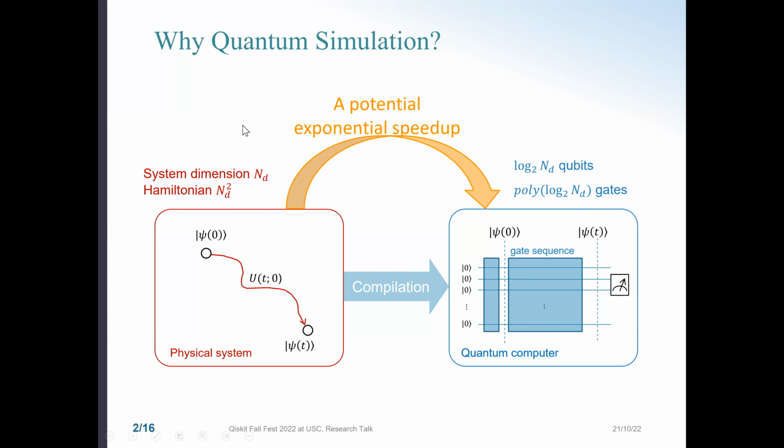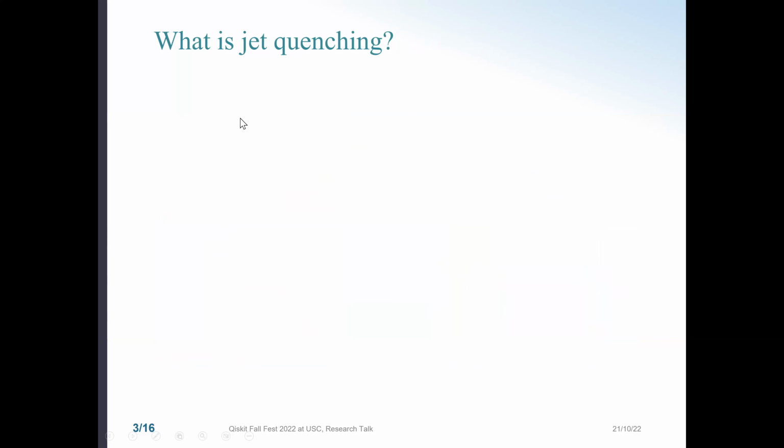Okay, so now this is quantum simulation. And what is jet quenching? Because I'm going to talk about the quantum simulation of jet quenching. You may not have heard of jet quenching before, but you might know what a jet is. The essential idea is that the jet stands for a rapid stream of matter.